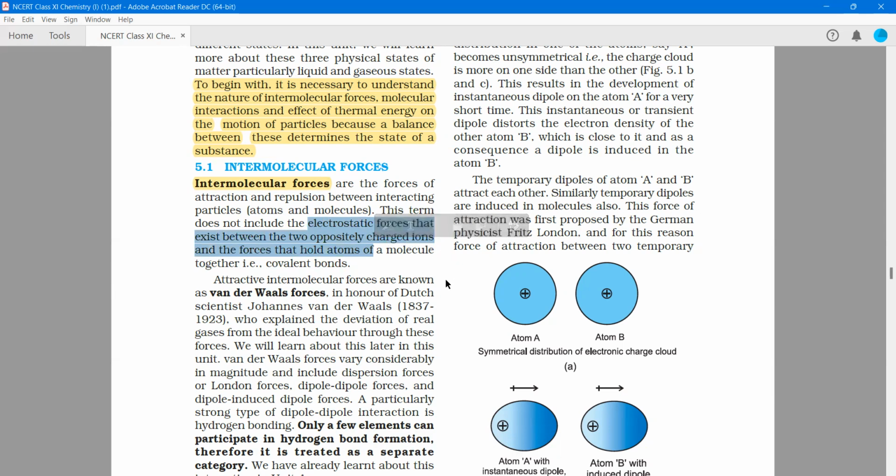Here we are talking about intermolecular forces that exist between greater than one atoms or molecules, or let me say, neutral atoms and molecules. These are not the exact bonds, and these are not the electrostatic forces as well. These are something different. This can be attractive, this can be repulsive between two or more atoms and molecules.